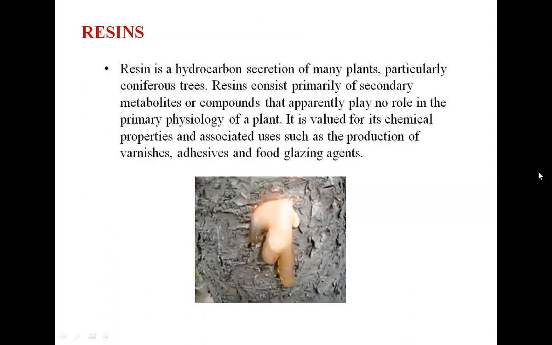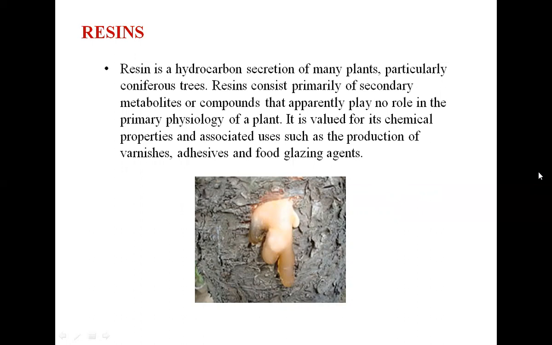Next is resin. Resin is a hydrocarbon secretion of many plants, particularly coniferous trees. Resins consist primarily of secondary metabolites or compounds that apparently play no role in the primary physiology of a plant. It is valued for its chemical properties and associated uses such as the production of varnishes, adhesives, and food glazing agents.